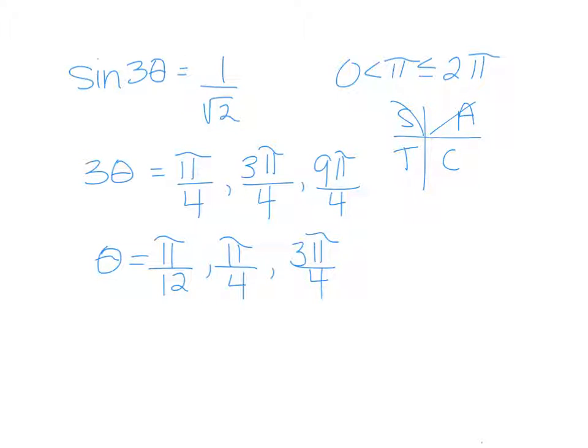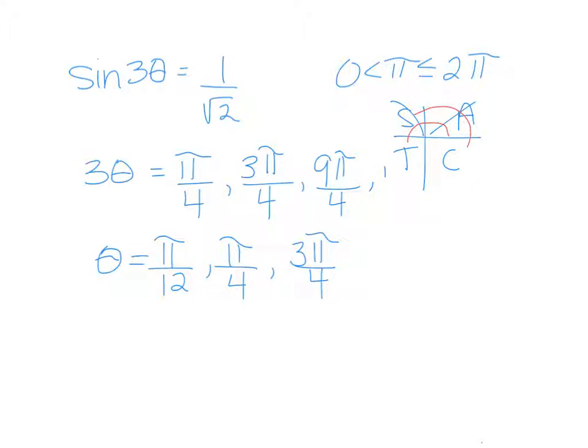What would be the next one after 9 pi over 4? 11 pi over 4? Because if we went all the way around and to there again, there's 8, 9, 10, 11. 11 pi over 4.